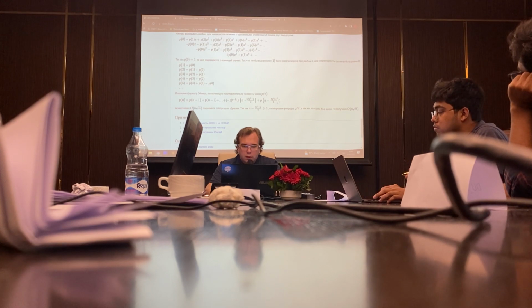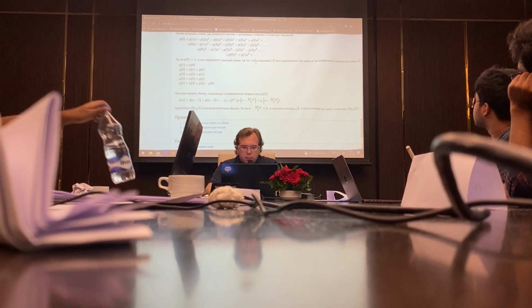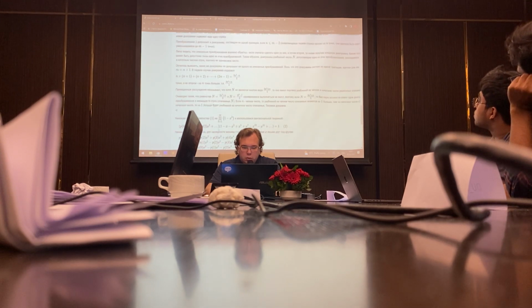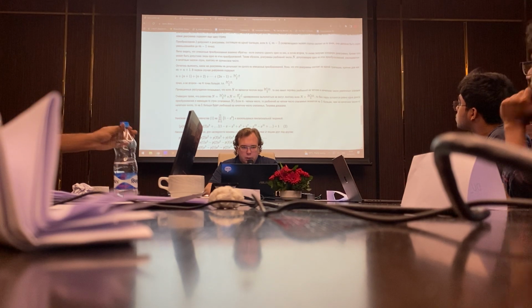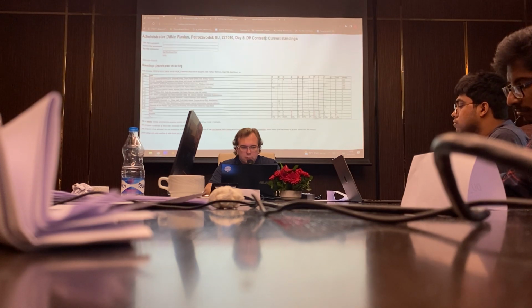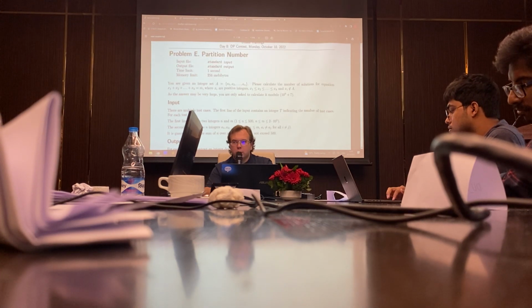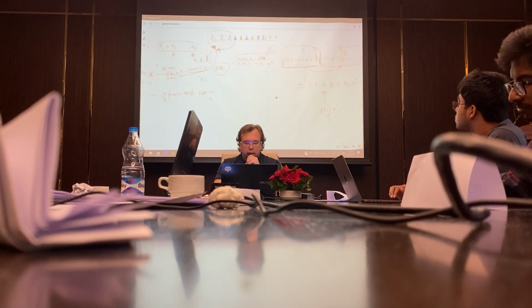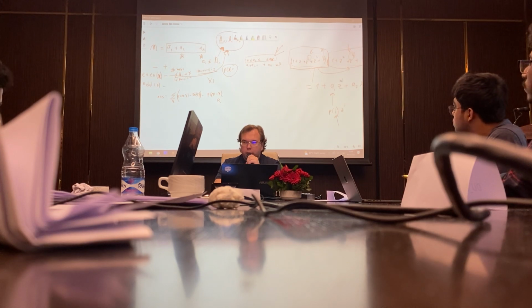So you can read more about these pentagonal numbers and the pentagonal theorem, or you can use this FFT and multiplication of polynomials. Actually, this is some kind of classical problem. Okay, so that was problem E. It's about using inclusion-exclusion, and after that we go to some classical problem.